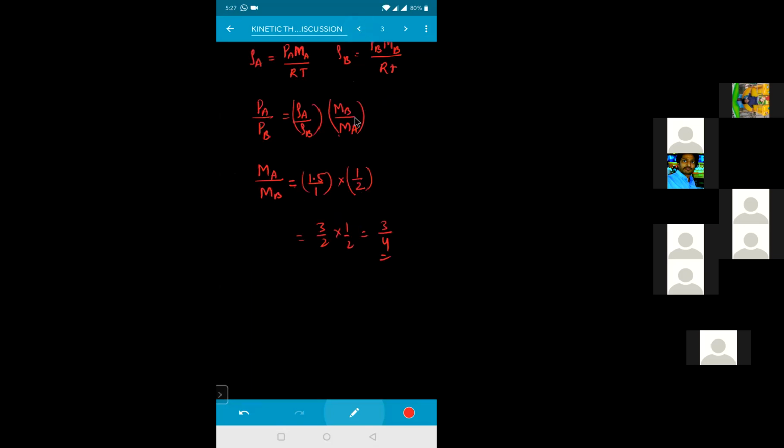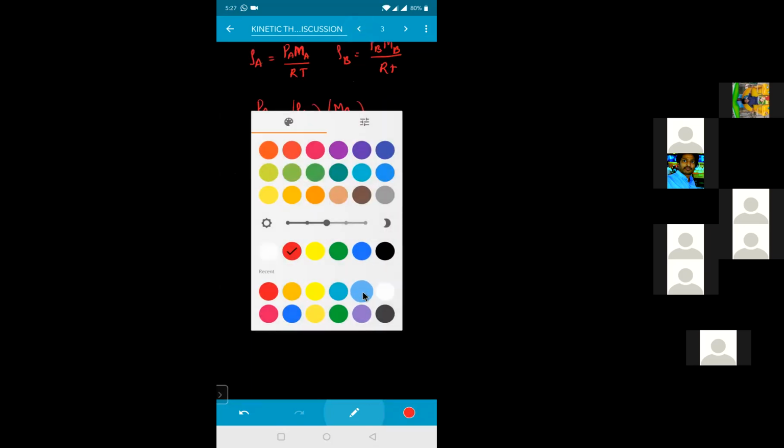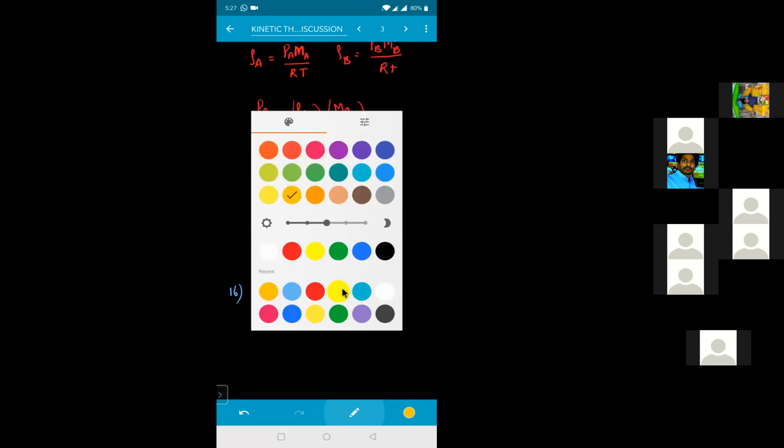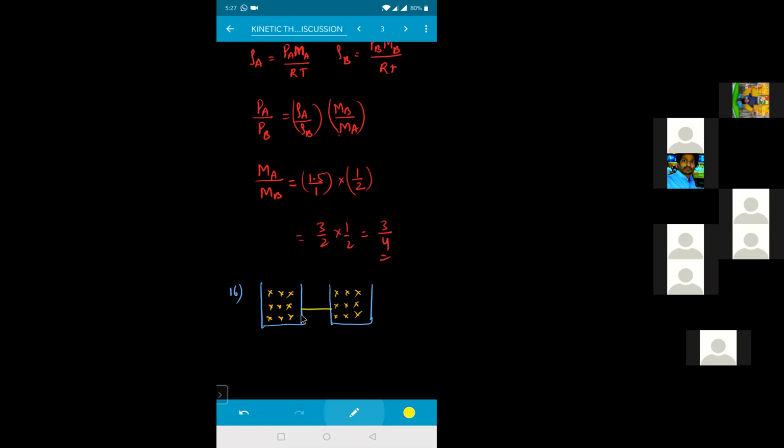Question number 16: we have two vessels like this, and we have the gas molecules in this one. Both of them are now connected by a valve that has been opened, so the gases will transfer and try to attain a common temperature.